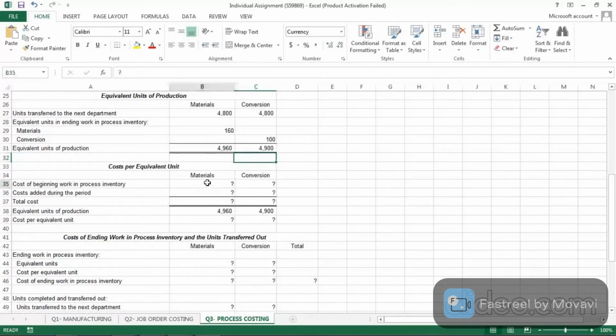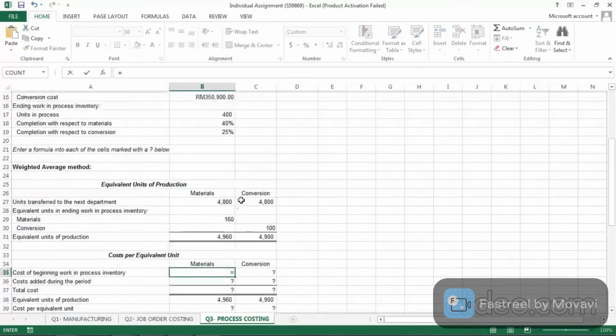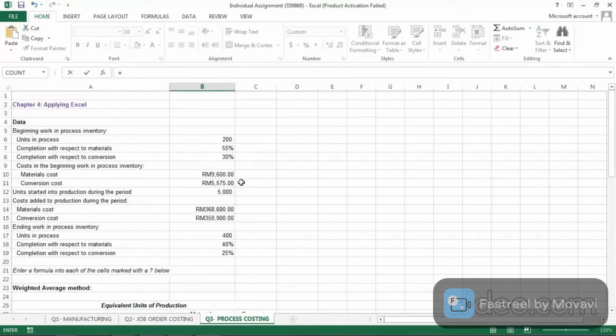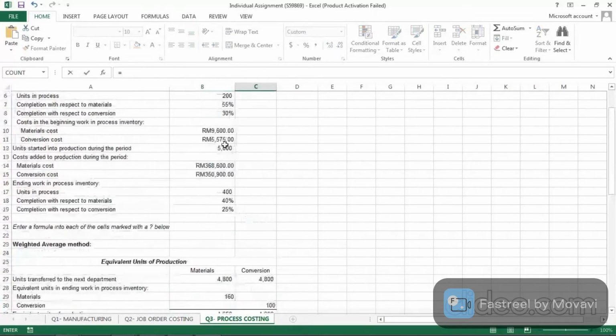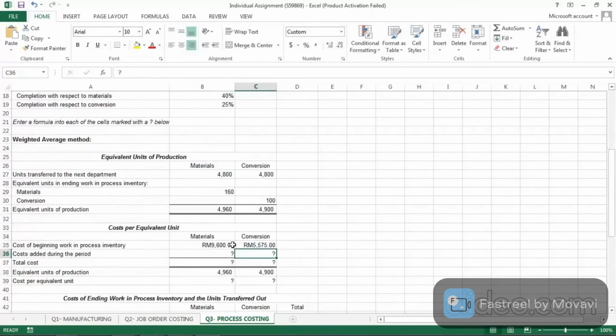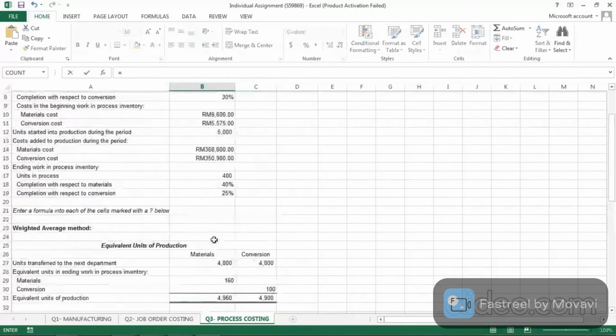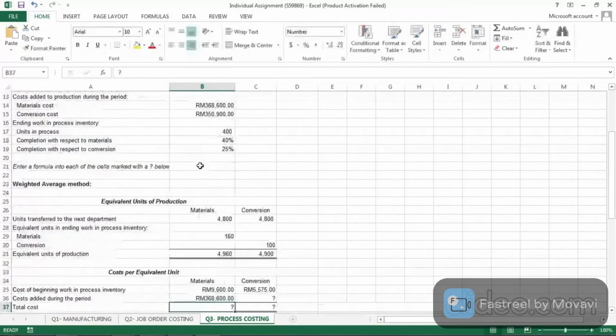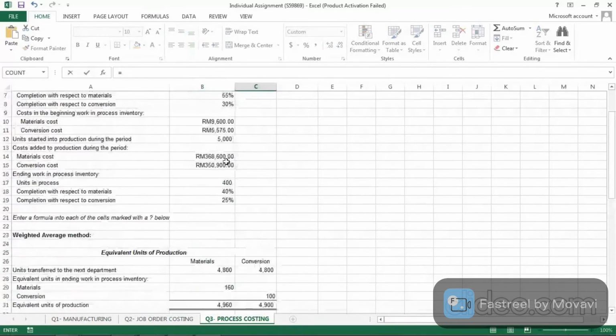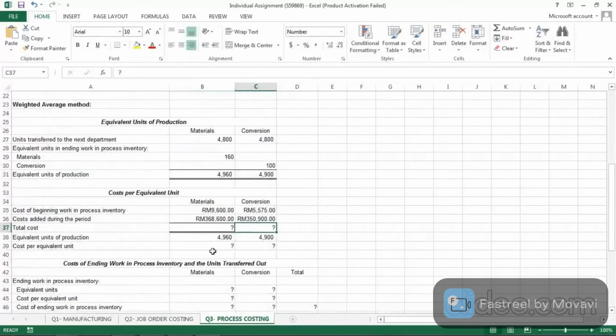Cost of beginning work in process inventory is how much? 9600. For conversion, 5575. Cost added during the period, enter. And then for the total cost, add these two items.